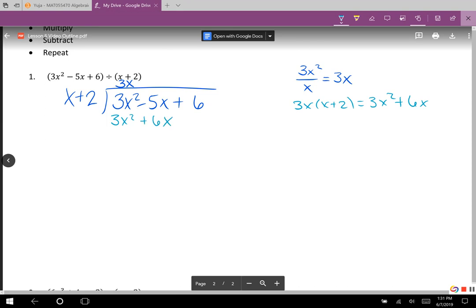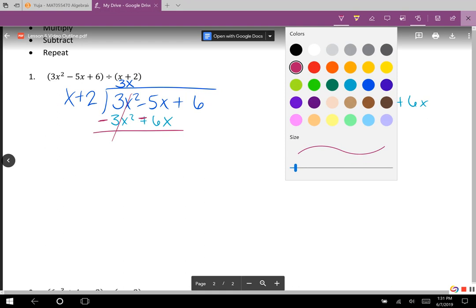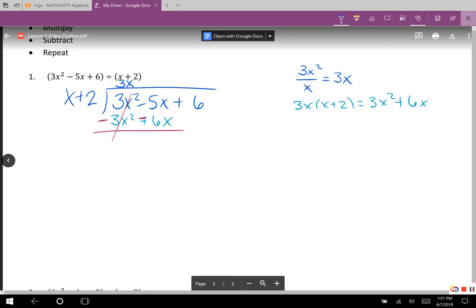I'm going to subtract both of the terms to see what my remainder is. The 3x squared goes away. And then minus 5x minus 6x, that's minus 11x. So that's my remainder. And then I bring down the next term and repeat the process.